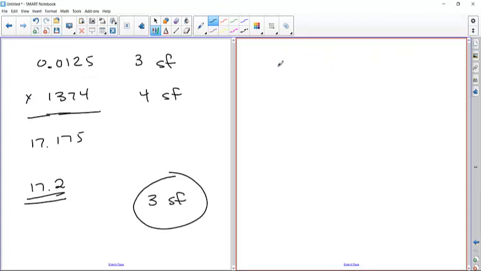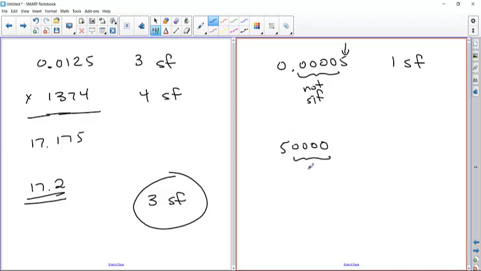So, 0.00005, that's one significant figure. These 4 zeros are here so that it puts this 5 in the appropriate place in terms of a decimal. So these are not significant, just like 50,000 on the other side. These are not significant.